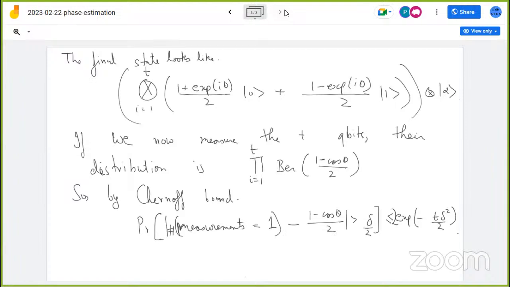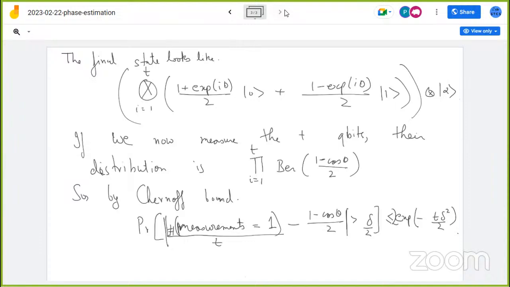But this only gives us cosine theta. To get theta, what else do we want? The number of measurements divided by t, right? Here it's a fraction. Actually, I don't even need to divide by 2 here. So we want to get theta.